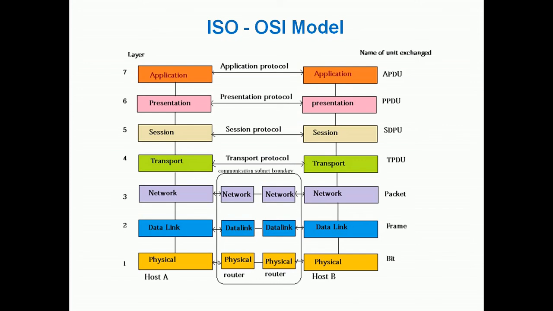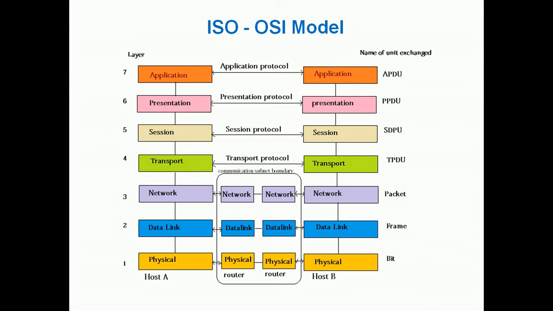The first 3 layers of the OSI model, that is physical, data link, and network, are responsible for the physical movement of data in the network from one point to another. For moving data from one place to another in any network, only these 3 layers are responsible.